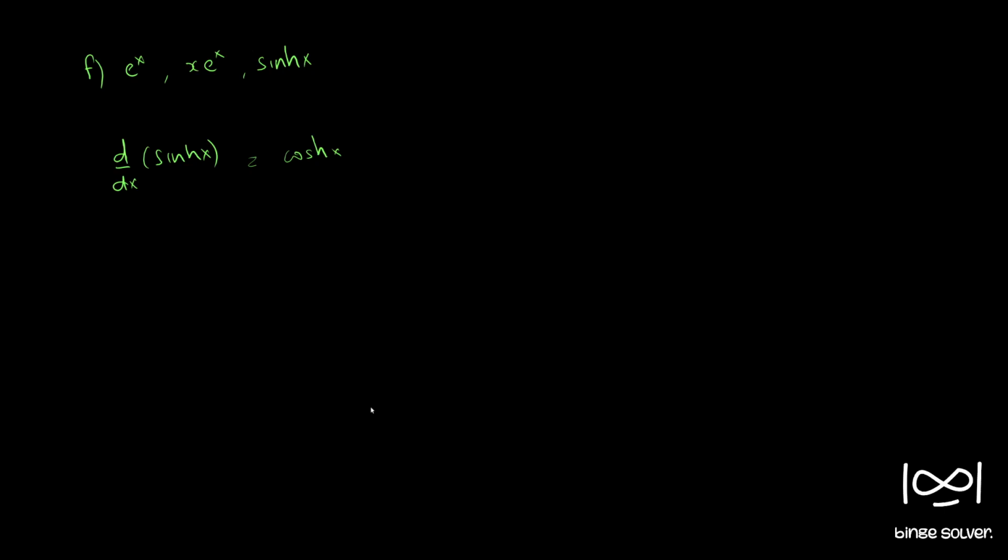That is cos hx, and we need one more derivative to find the Wronskian. We need d square by dx square of sin hx, which is d by dx of cos hx, which is equal to sin hx itself. So we will be using this in finding the Wronskian W of x.